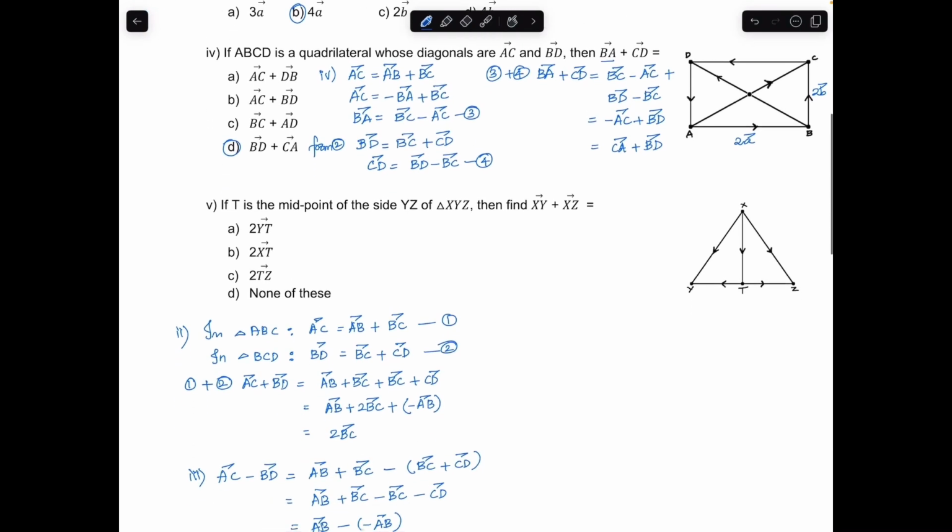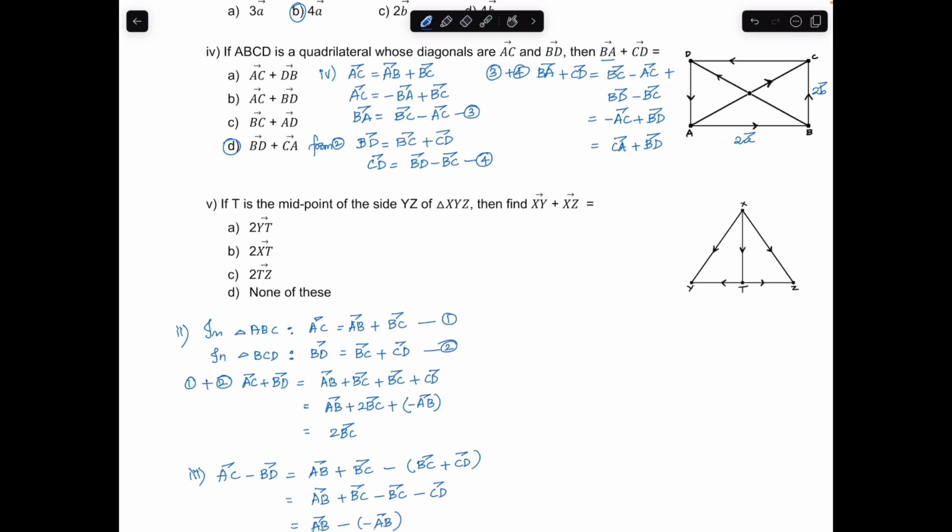Subdivision 5. If T is the midpoint of the side YZ of the triangle XYZ, then find XY vector plus XZ vector. In triangle XTY, XY vector is equal to XT vector plus TY vector.